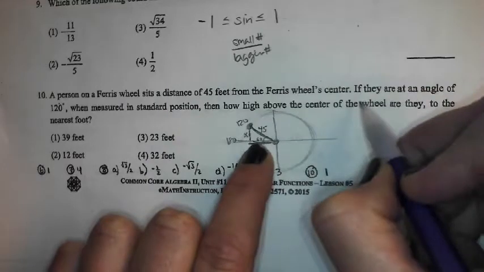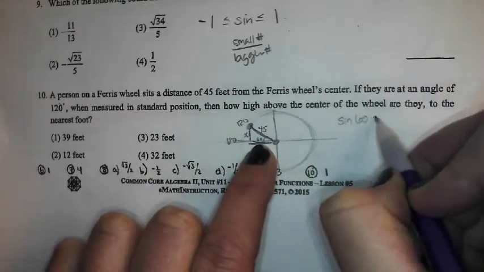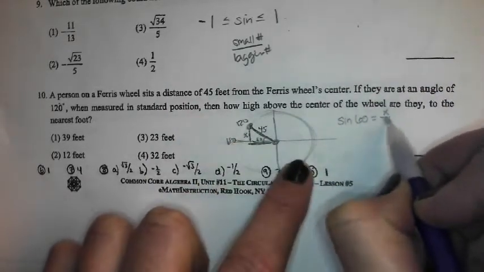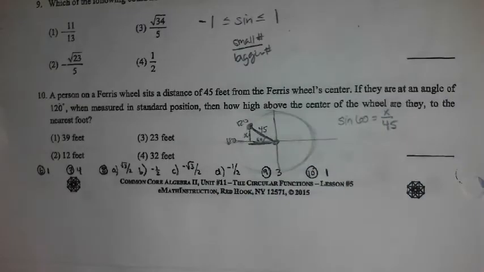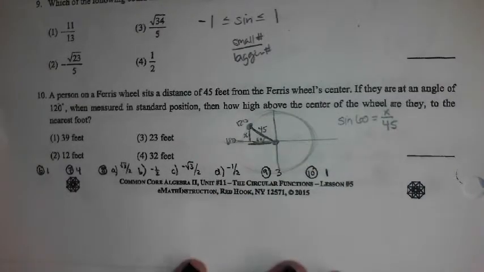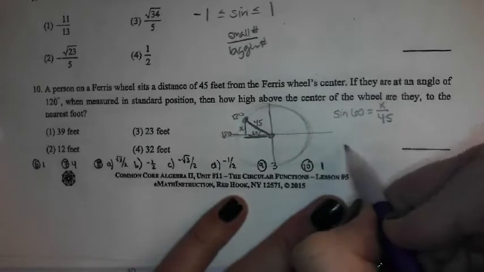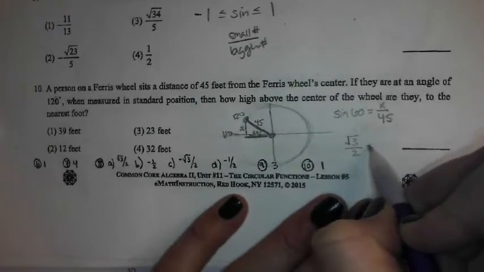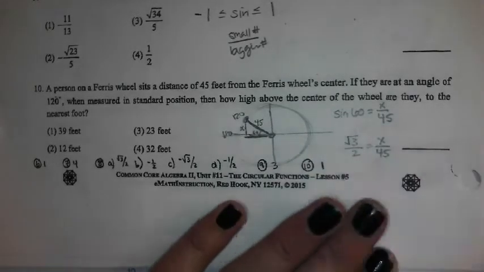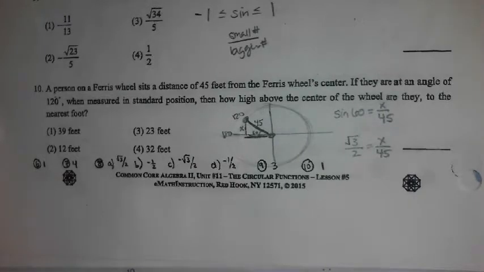The sine of 60 equals the opposite side, which we're looking for, over the hypotenuse of 45. The sine of 60 should be a memorized value for you, root 3 over 2. And then we would just cross multiply. 45 times root 3 equals 2x, and then divide both sides by 2, and you'll have your answer rounded to the nearest foot. Does that make sense?